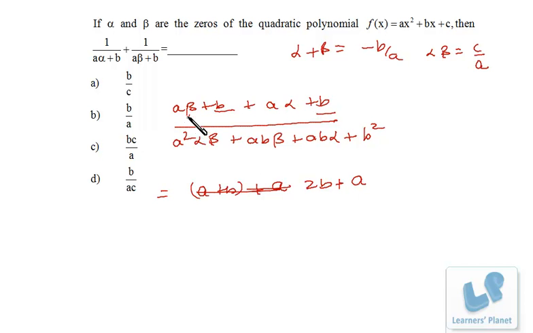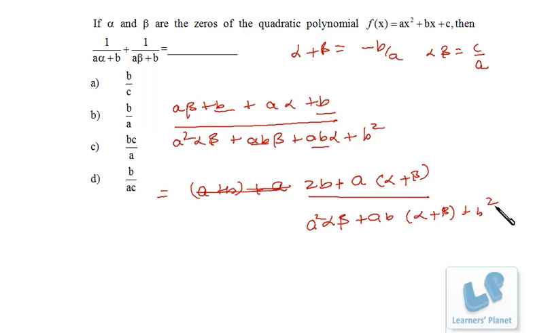So it's a, then it's beta plus alpha or alpha plus beta, right? Then the denominator is a square alpha beta plus, from these we can take ab as common, ab into alpha plus beta plus b square, right? Now we have to put the value of alpha plus beta and alpha beta, right?